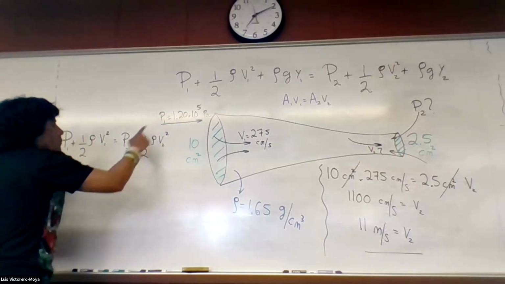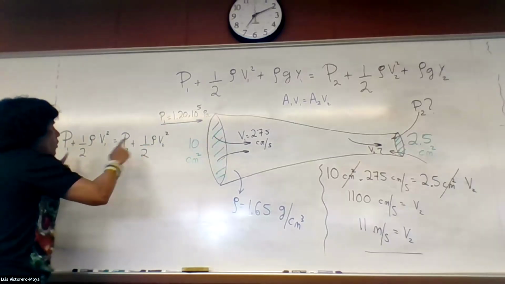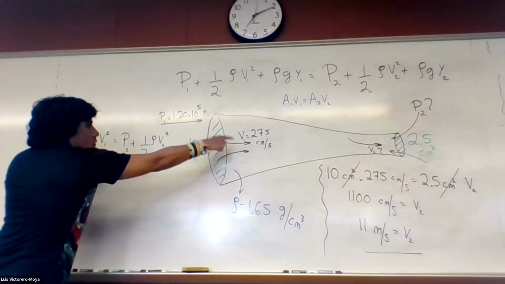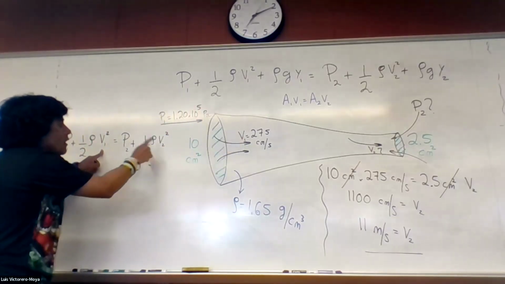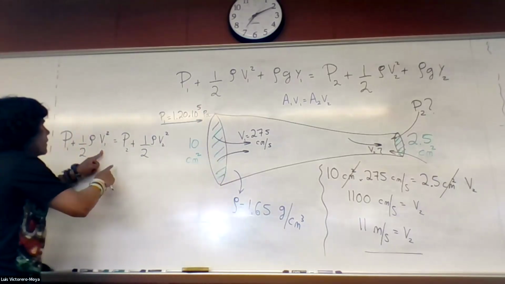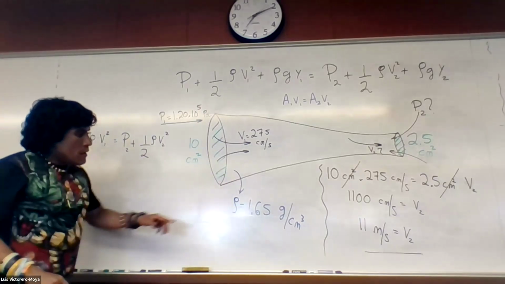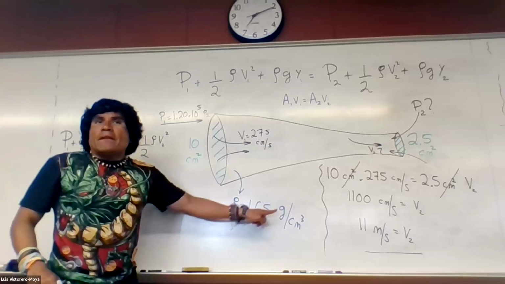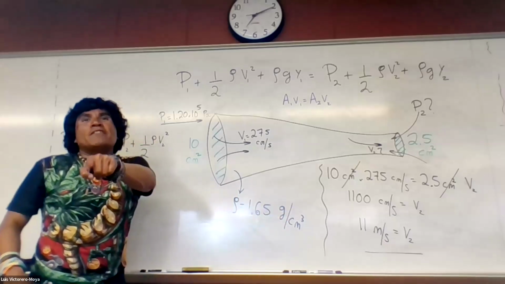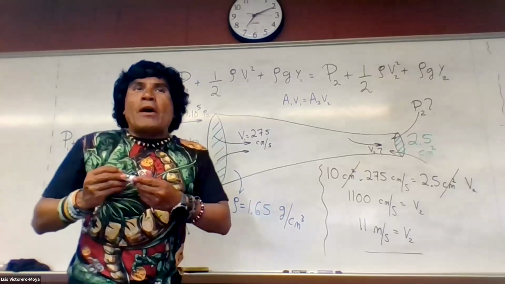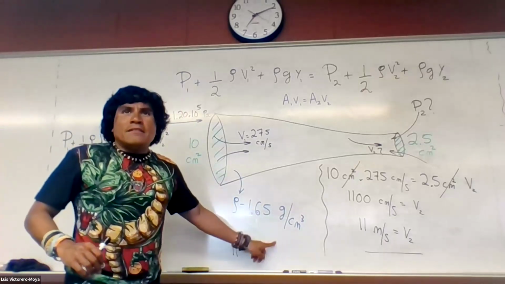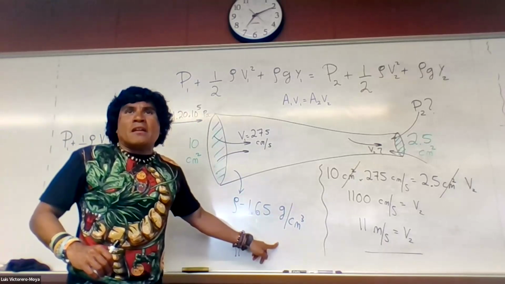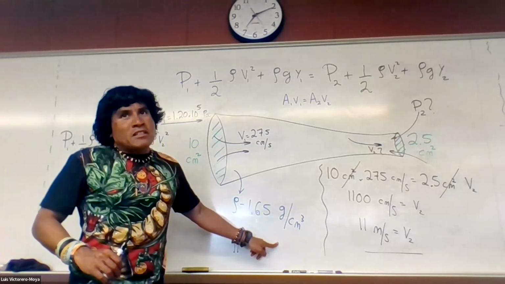P1, P2, I want P2, V1, 2.75, I divide by 100, right? Meters per second. V2, I have it, and rho. That's this, but hey, grams per centimeter cube. I told you yesterday, you are gonna be given, in some cases, densities like this. In fact, this is the most common way to find densities in the bibliography, in grams per centimeter cube.